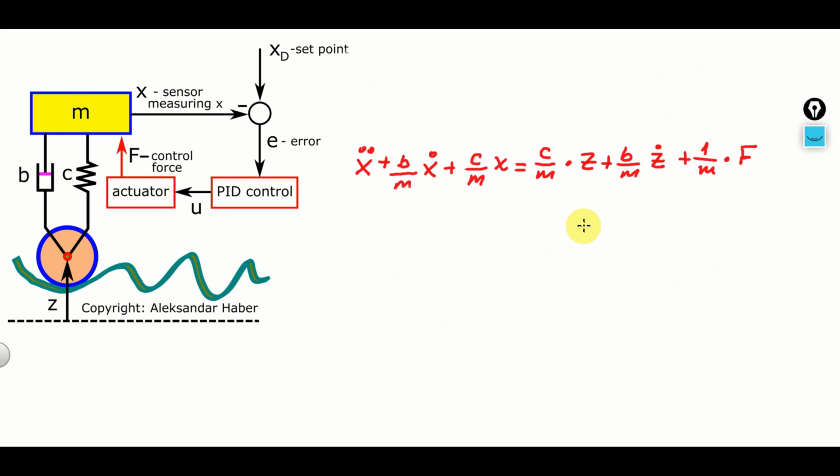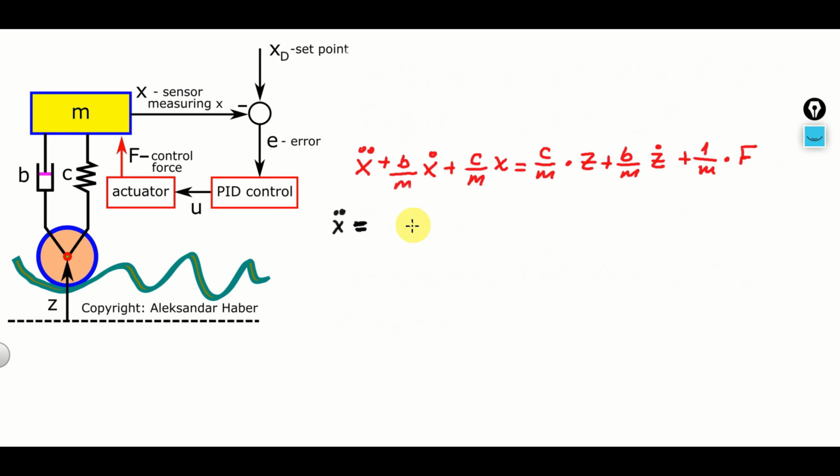However, before we proceed with the Simulink modeling process, it's very important to perform one more transformation of this equation. Namely, let's write this equation describing the dynamics of the system like this. On the left side of the equation, we will leave x double dot.